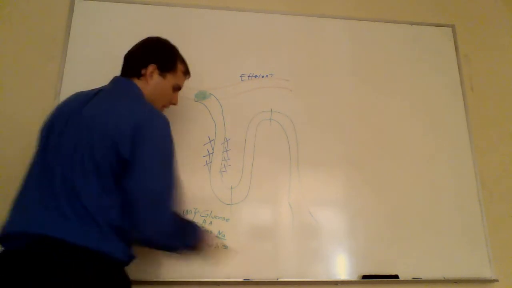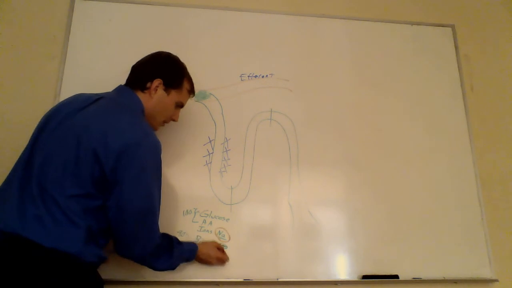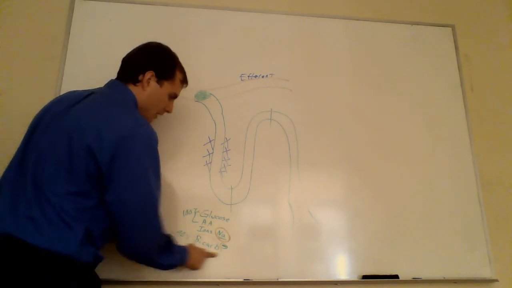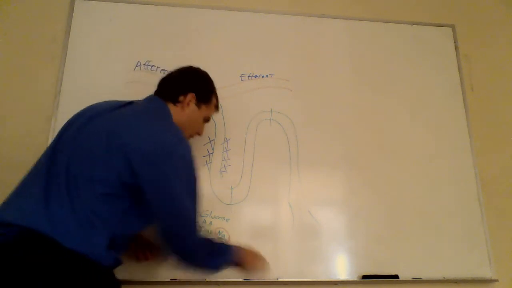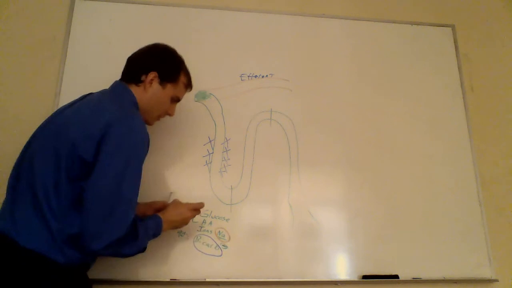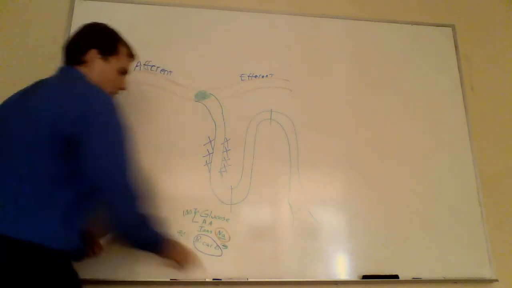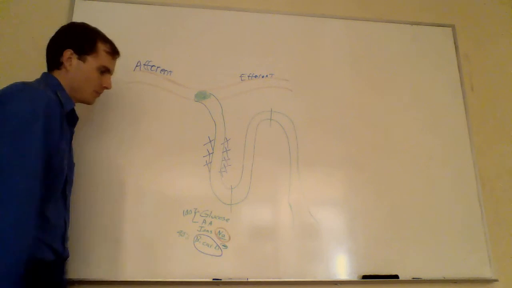All right, so I'm going to go ahead and circle here the two really important guys, sodium and bicarb. I'm actually going to circle bicarb with a different color here because we're going to make two different pairs.